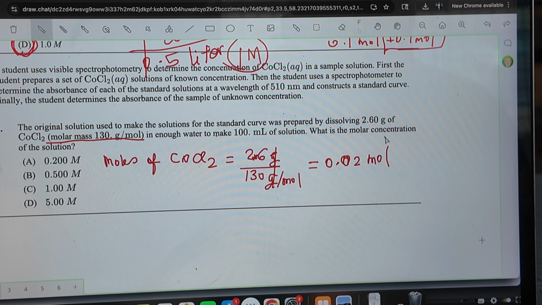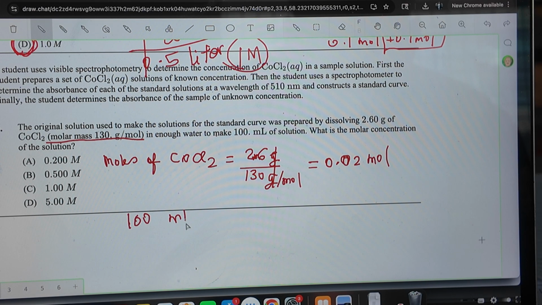Okay, but now we've got to convert the milliliters to liters, and then find moles per liter. They give us enough to make 100 milliliters of solution.